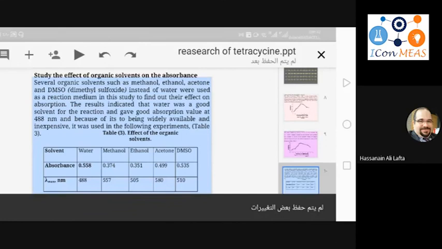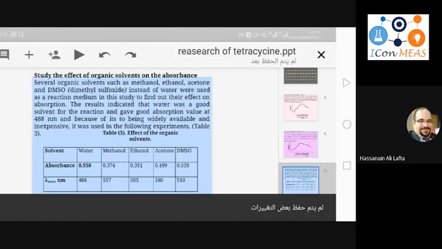Study the effect of organic solvents on the absorbance. Several organic solvents such as methanol, ethanol, acetone, and dimethyl sulfoxide were used instead of water as a reaction medium in this study to find out their effect on absorption.